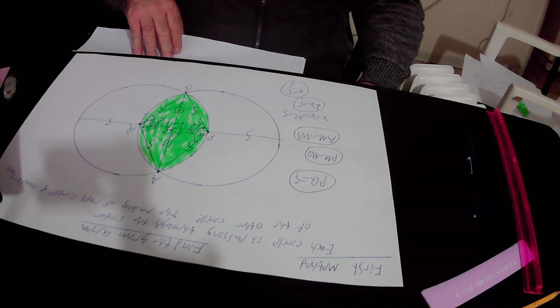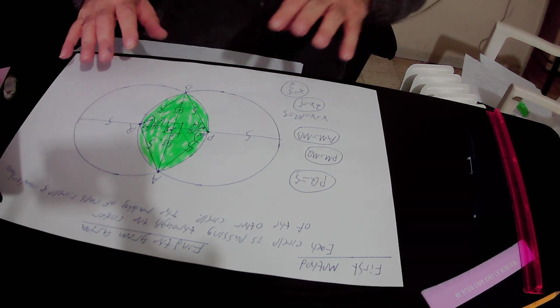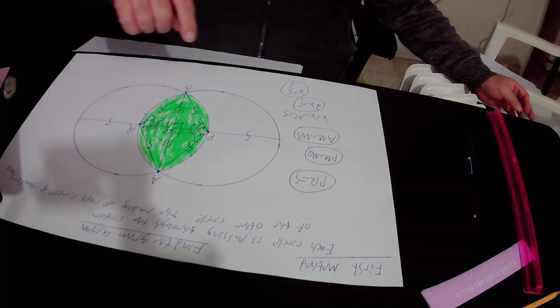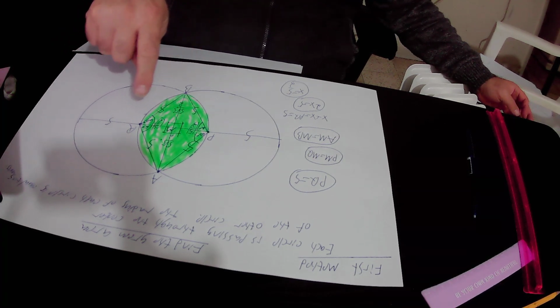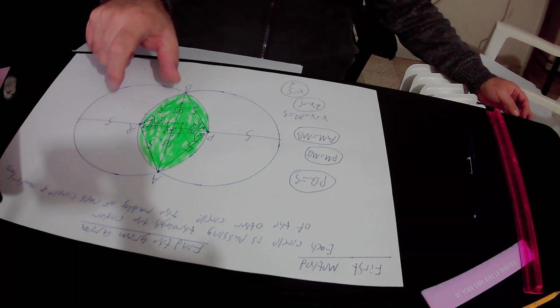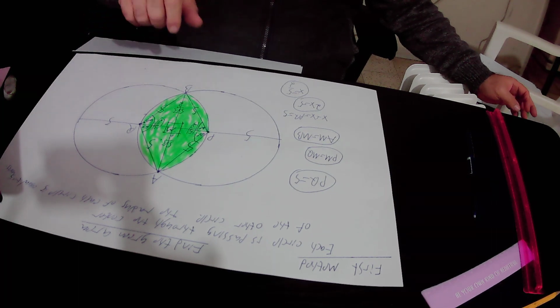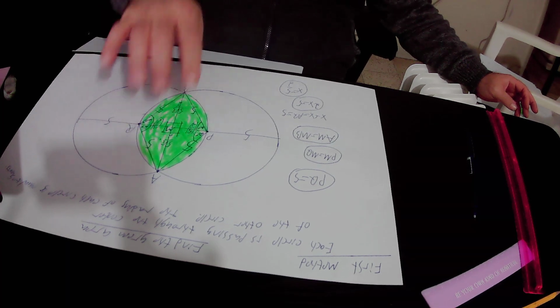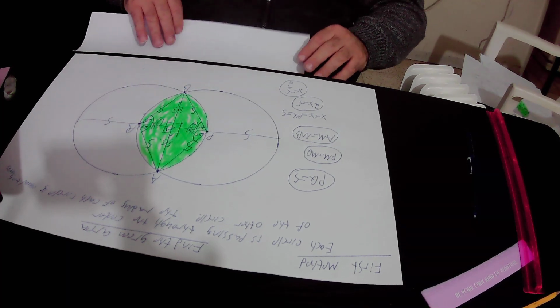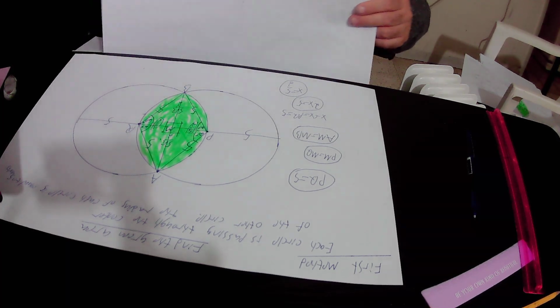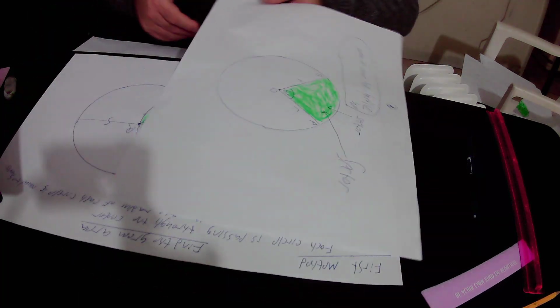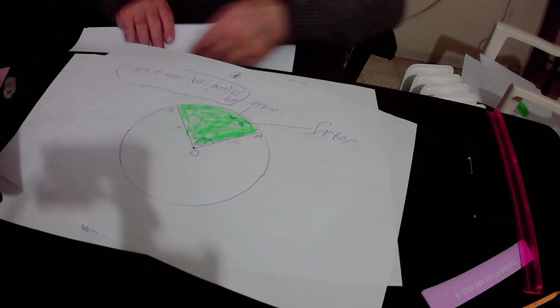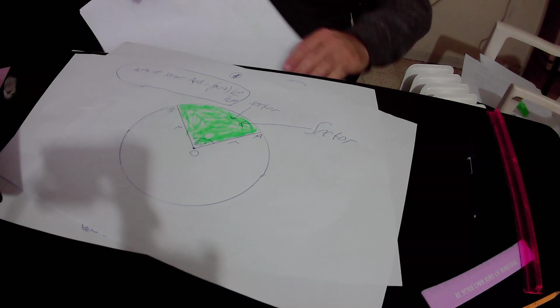We have here 2 circles. Each circle passes through the center of the other circle, and we know that the radius of each circle is equal to 5 units, and we want to find the area of this green shape. In the first step, I explained the meaning of a sector.